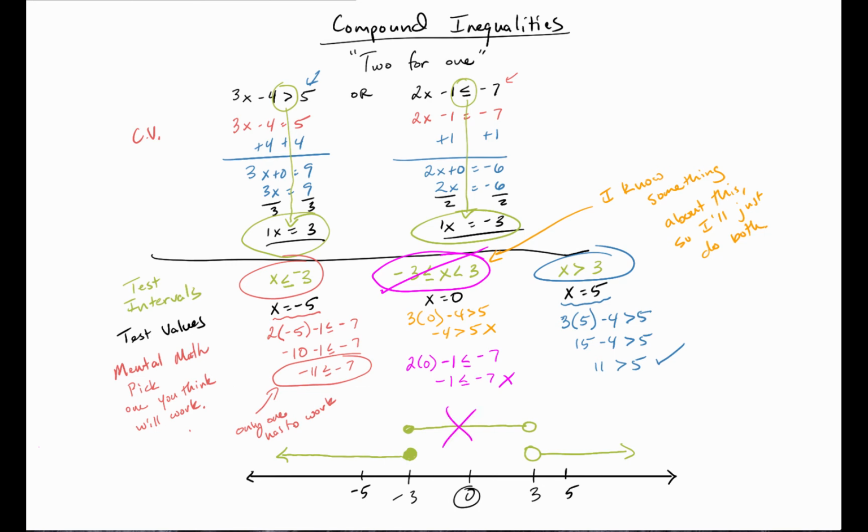Neither of them work, so I know that middle interval is not a valid solution set. Now, look at your notes and look at the two patterns, and you're going to notice that there's something about the AND inequalities versus the OR inequalities that can help you to guess which intervals are going to end up being your solution sets.